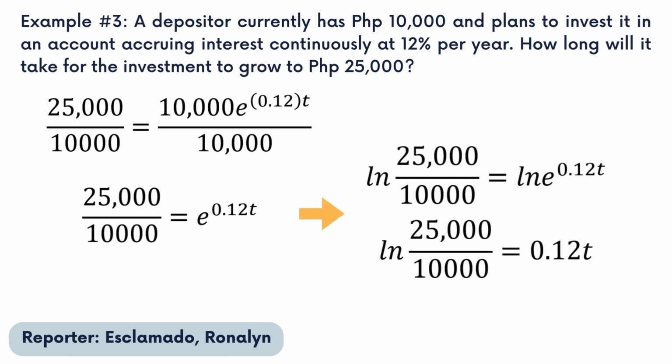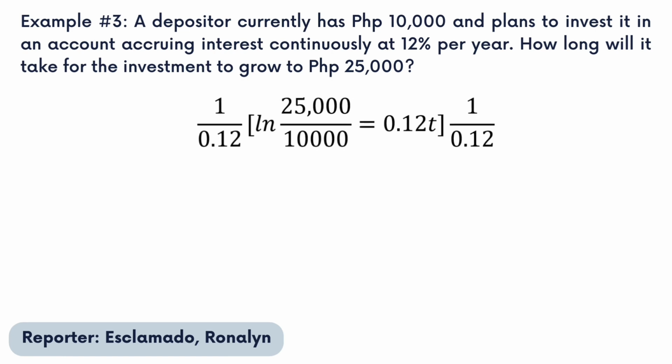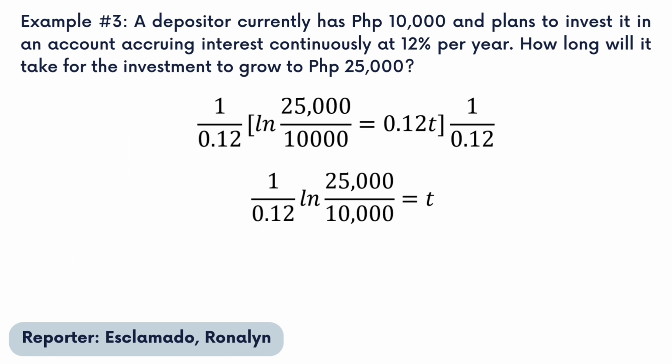Para makancel ang e, get the ln of both sides. And now, we have ln of 25,000 over 10,000 is equal to 0.12 multiplied by t. Since wala na ang e, pwede na nating multiply both sides sa 1 over 0.12. So, cancelled na ang 0.12 sa ating right side at matitira ang t.